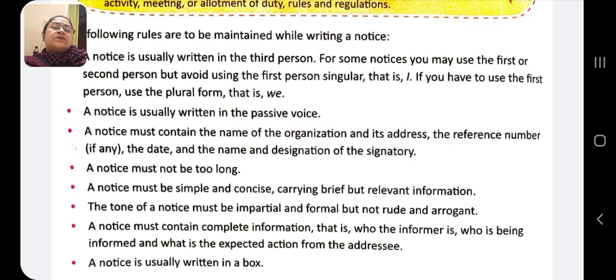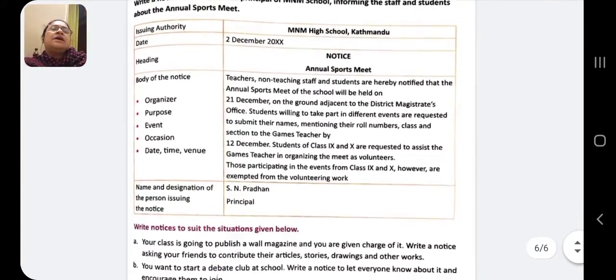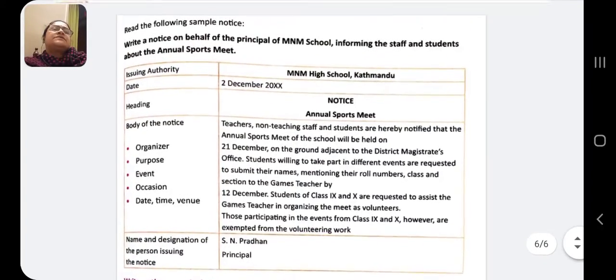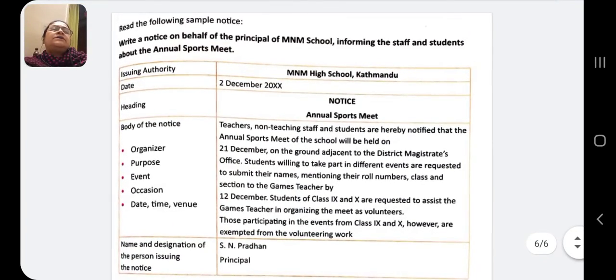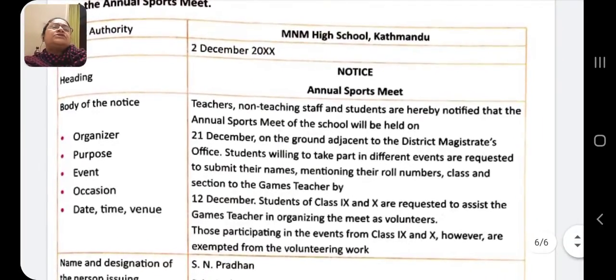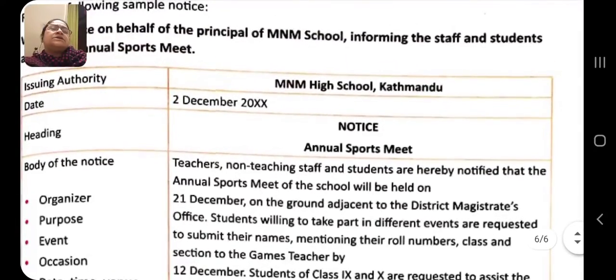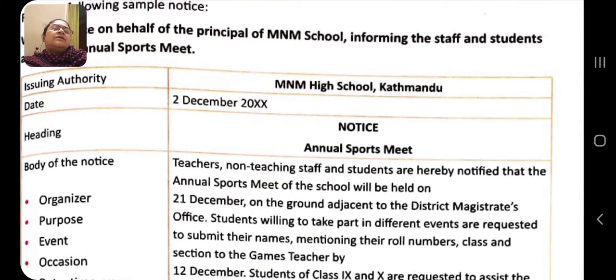A notice is usually written in a box, as I told you before. Now, see here the format of a notice. Okay, write a notice on behalf of the principal of M&M School informing the staff and students about the annual sports meet. See here, first will be the name of the authority or the organization, that is M&M High School, Kathmandu.